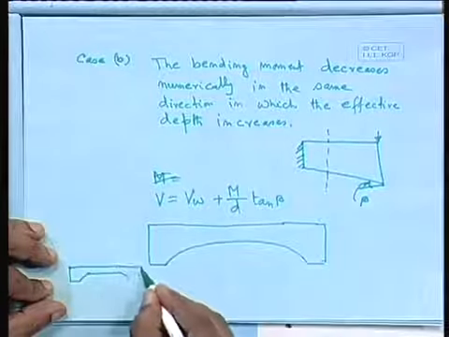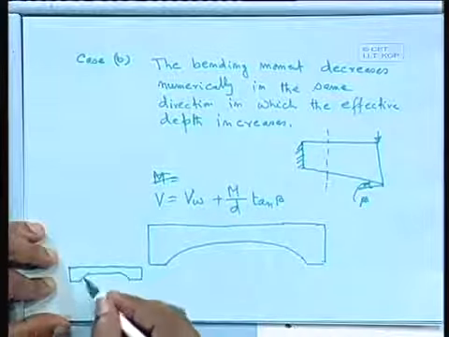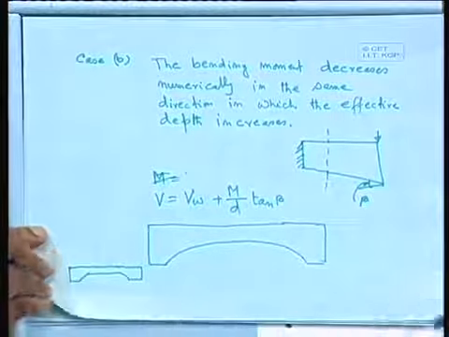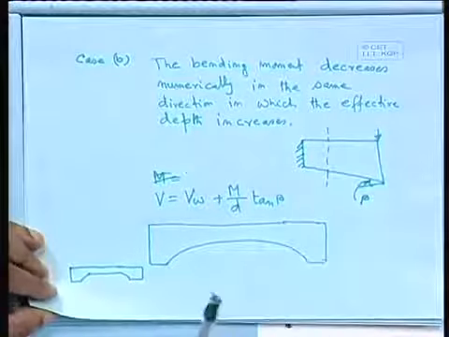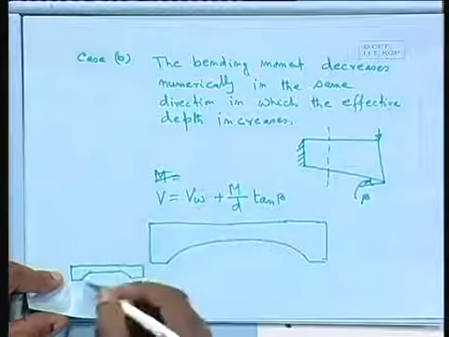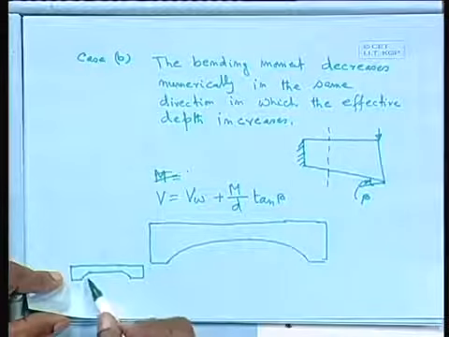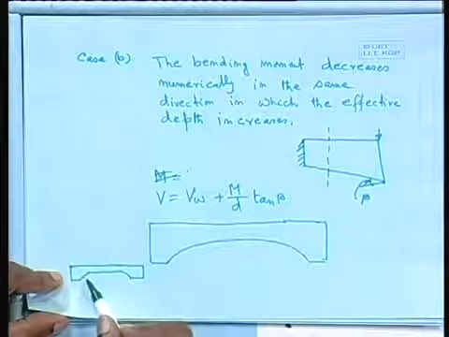Sometimes we provide the reinforcement such that the depth near the support is more. Possibly if you see in your hall, in a few halls you will find the beams are given in this fashion. That means near the support you will get more depth, whereas in the middle you will get less, because it is shear dominated.